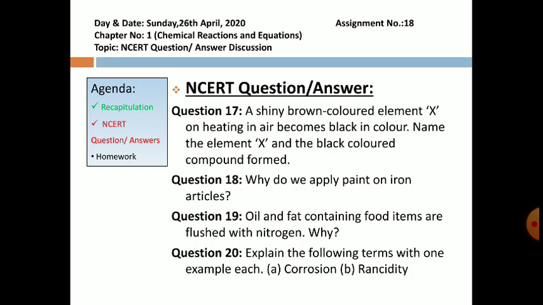For example, iron in the presence of moisture reacts with oxygen to form hydrated iron oxide. Chemical equation: 4Fe plus 3O2 plus nH2O gives 2Fe2O3.nH2O. The product is known as hydrated iron oxide or rust.